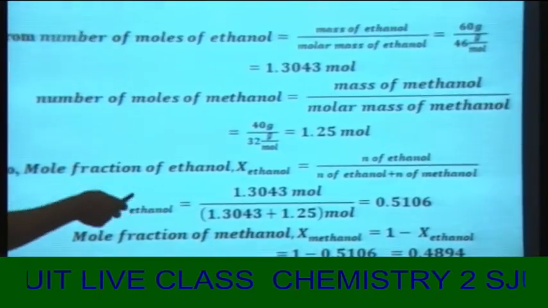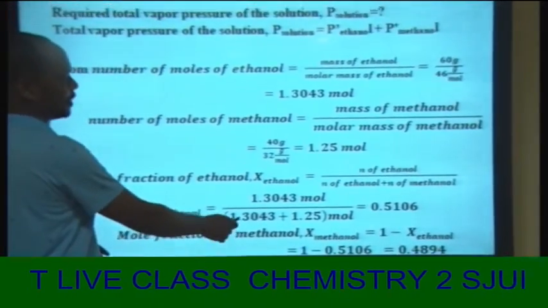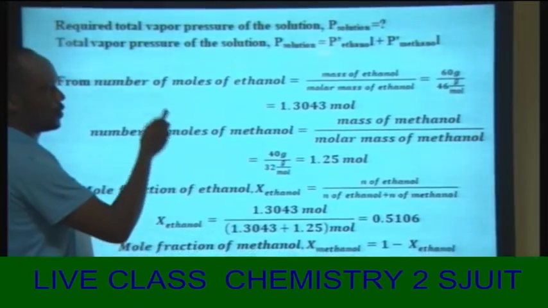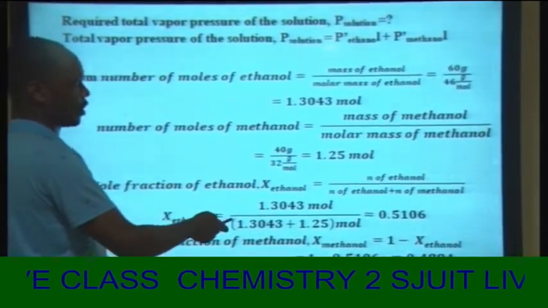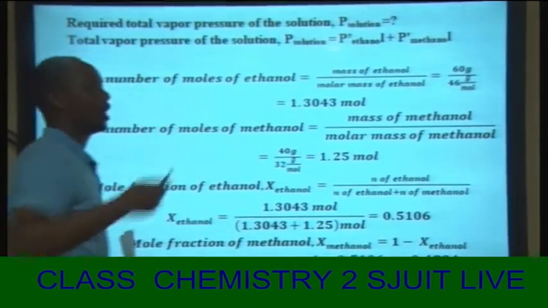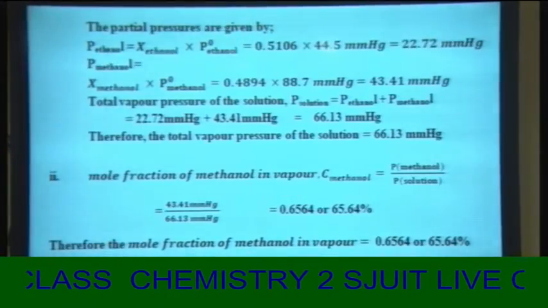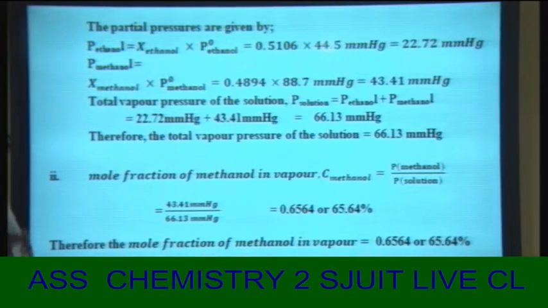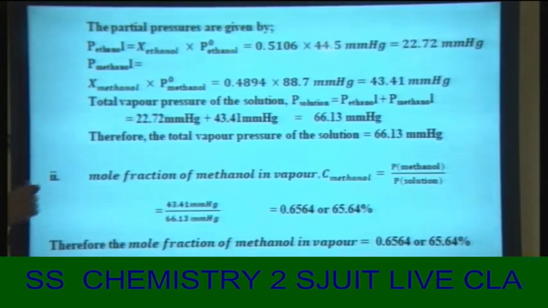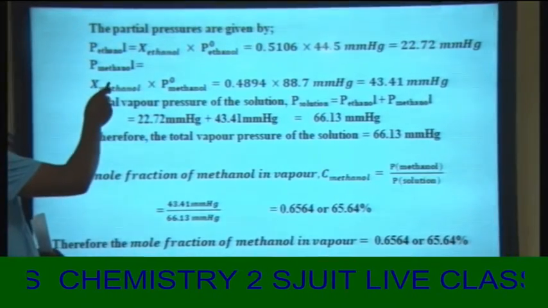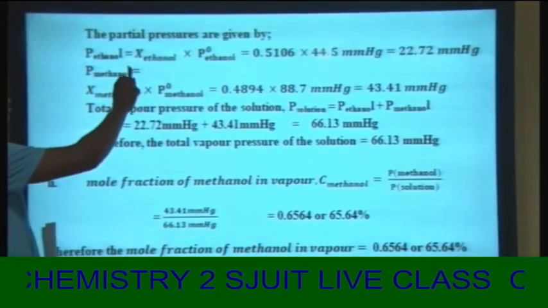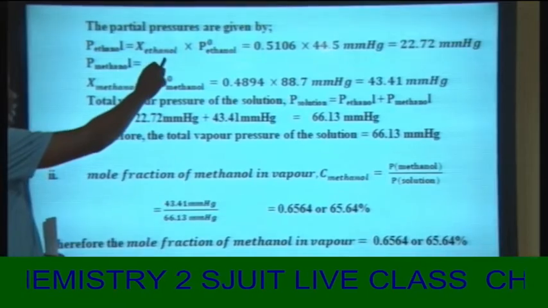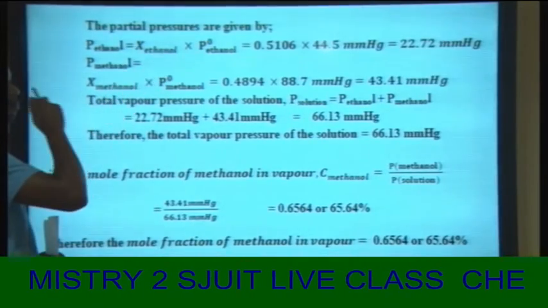From these mole fraction terms, we can calculate the partial pressure of each component, and after doing so, we are going to sum them to get the pressure of the solution. Partial pressure of ethanol, as I said before, you need to take the mole fraction of ethanol times its pure pressure.